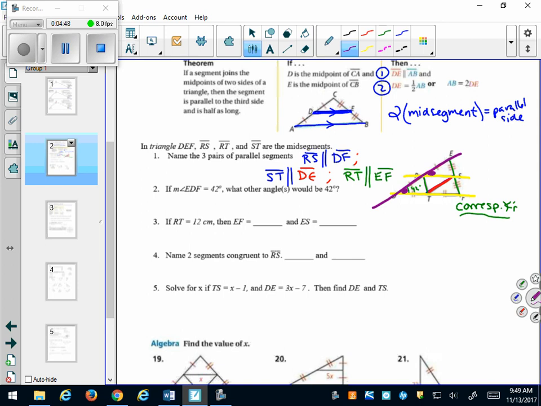But if you also think about the other sets of parallel lines, you've got a 42-degree angle, another set of corresponding angles right here. So it's kind of hard to see everything. We've got it here, here, and here.